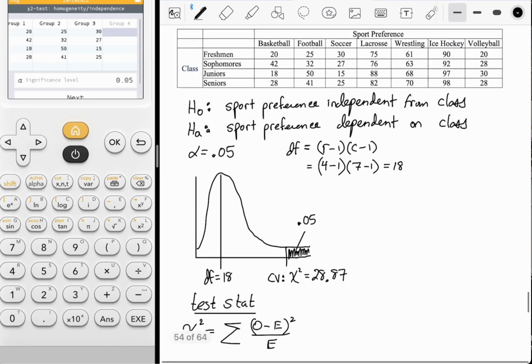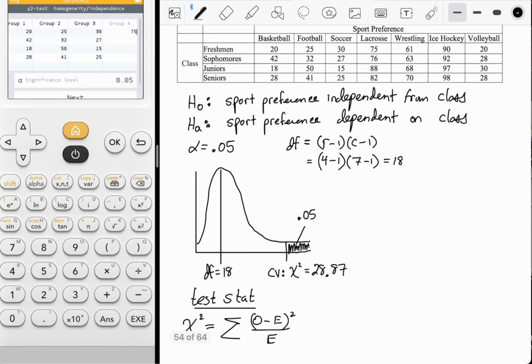Group 4. Group 4 is lacrosse, so 75, 76, 88, 82. Wrestling, 61, 63, 68, and 70.